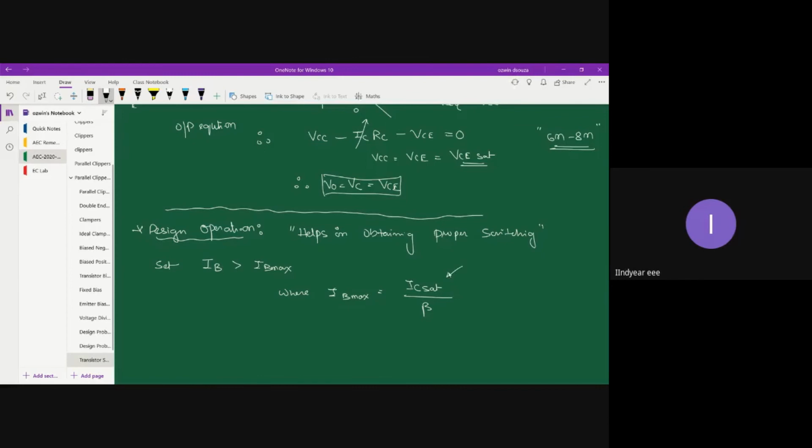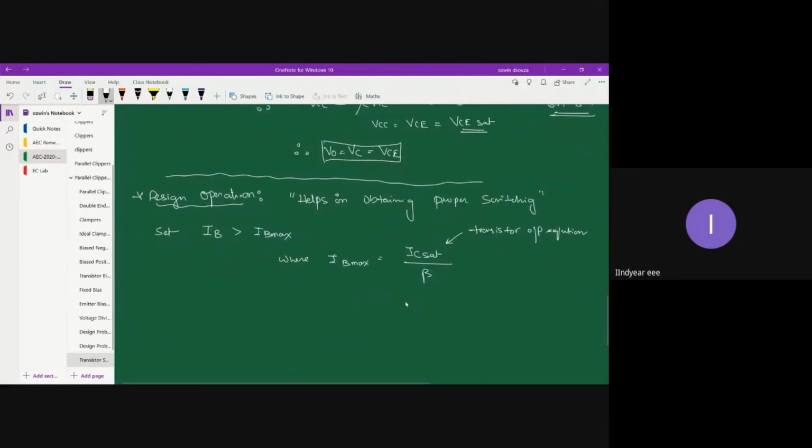This IC saturation can be obtained from the transistor output equation. Solve the problems, you'll be able to know. But before that, I have to introduce you to a few terminologies. So you have to set IB greater than IB max. And how do you get the IB max value? IB max value is obtained from this particular equation.